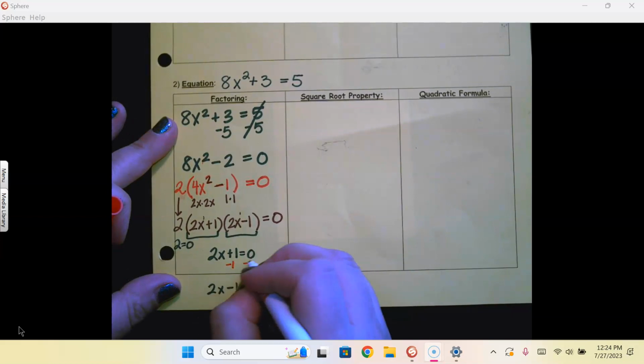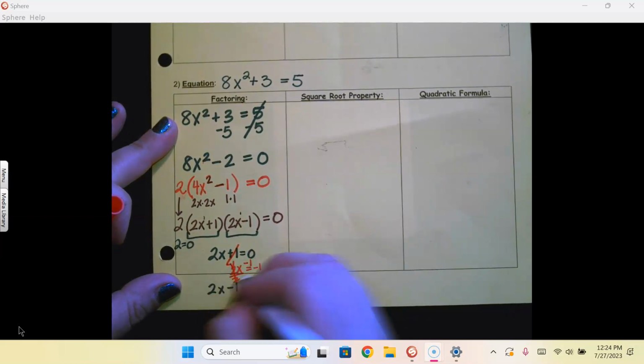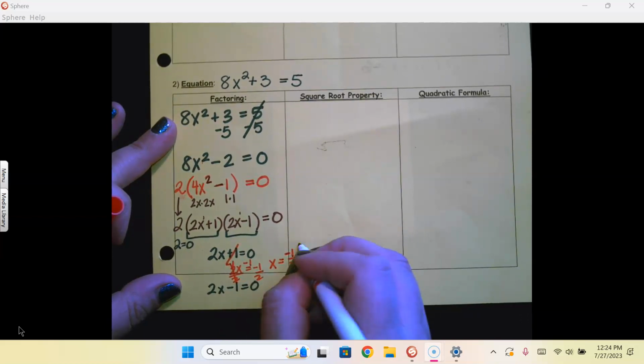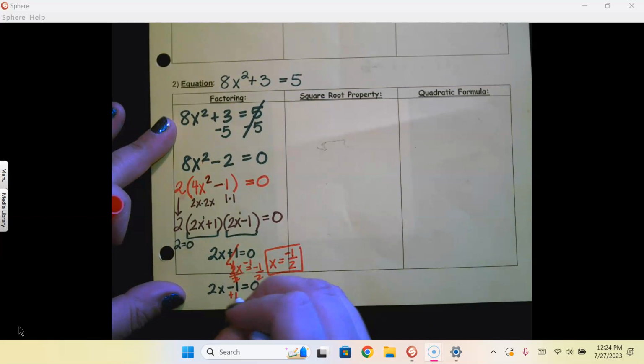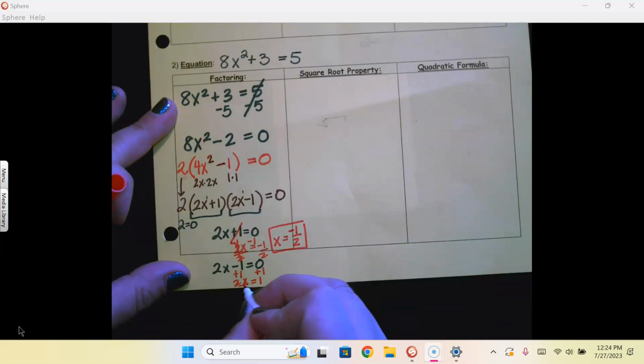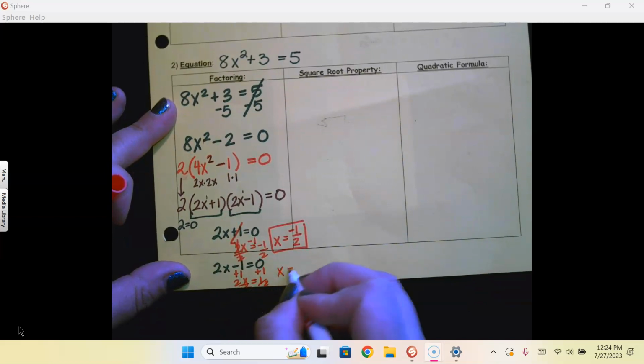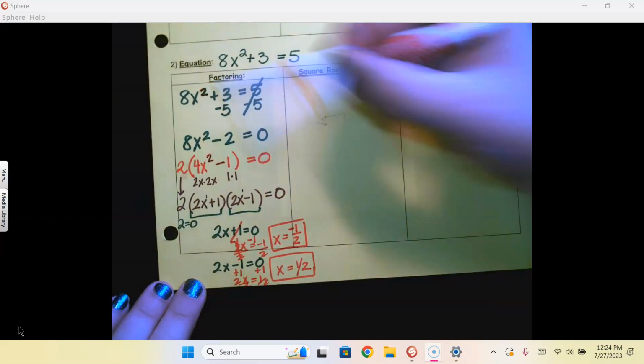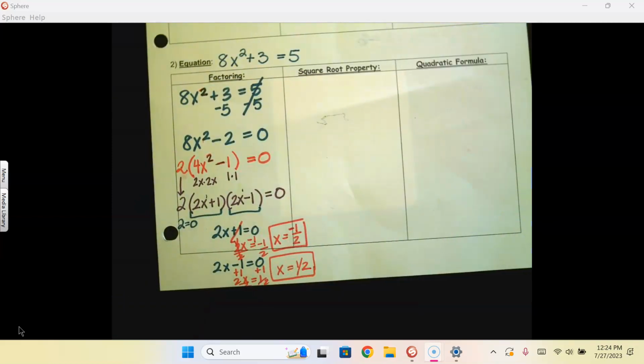So subtract 1 and then divide by 2. So one of the solutions is -1/2. Divide by 2, and we get x equals +1/2. So again, remember the highest exponent was a 2. We can get up to 2 solutions.